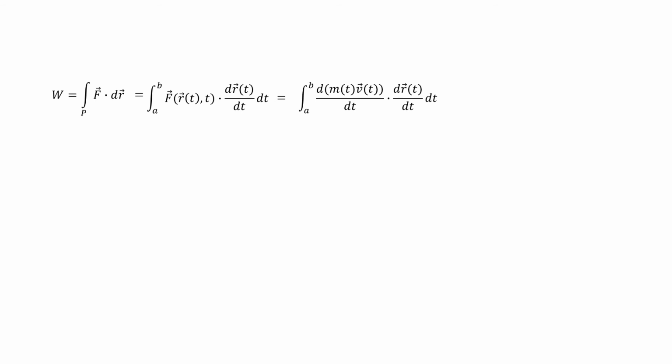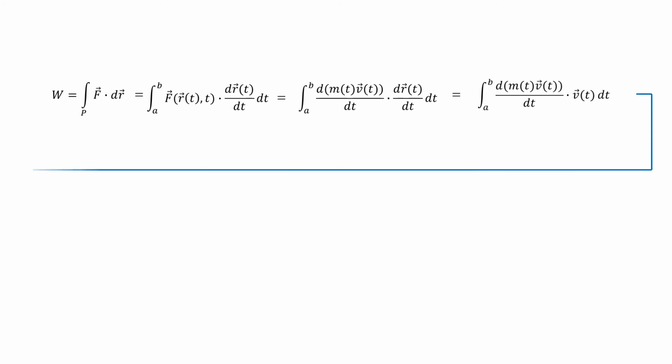So force is equal to the derivative of momentum with respect to time. And if we use the product rule, this means that force is equal to mass times acceleration plus velocity multiplied by the time derivative of mass.